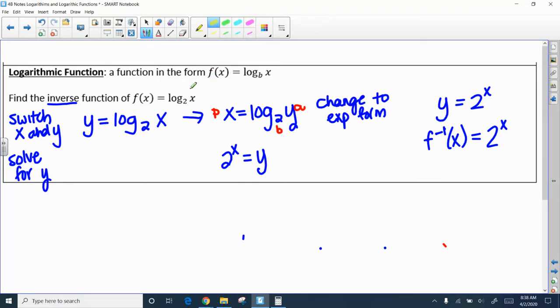All right, so here is what's really important to notice: this logarithmic function and this exponential function have the same base, so that is important that they both have the same base of 2, but notice they are inverses of each other. That means if we can graph the exponential function, which we already know how, then we'll be able to use inverse functions to graph the logarithmic function, and that's going to be much, much easier.